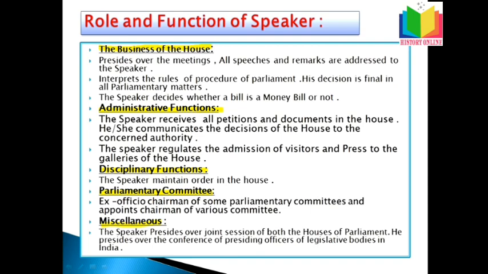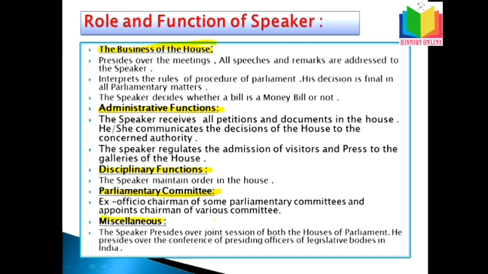The second point is that he appoints the chairman of all the committees appointed by the house. And the next one is he issues direction to the chairman in all matters relating to their working and the procedure to be followed.